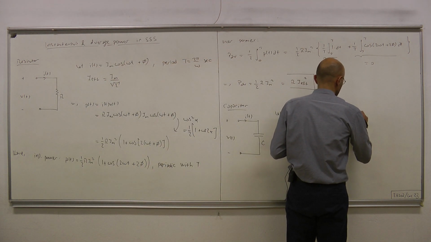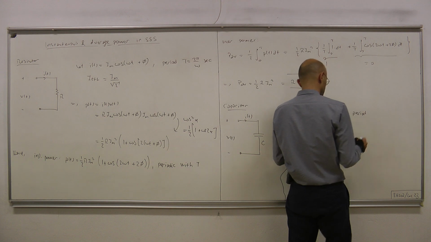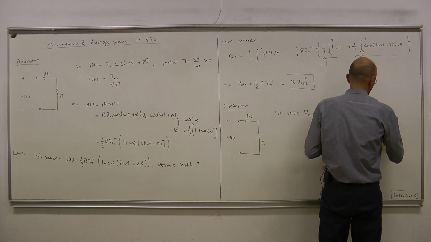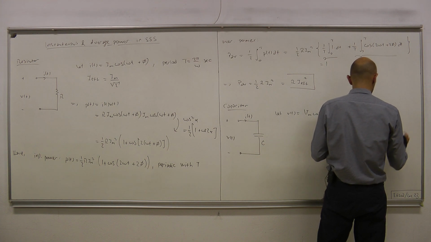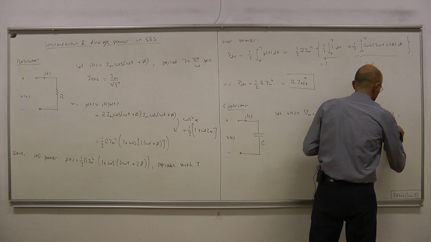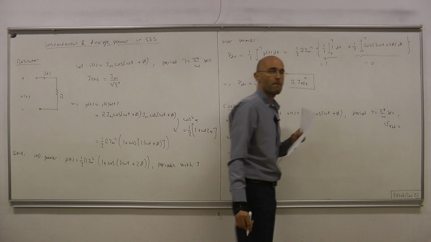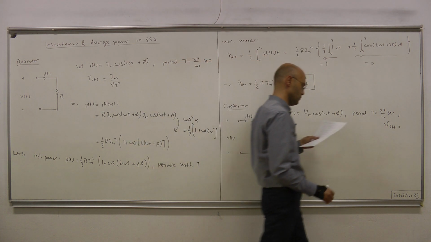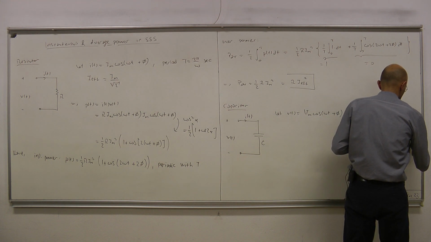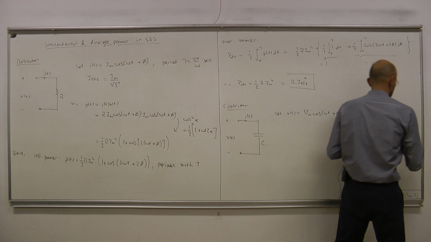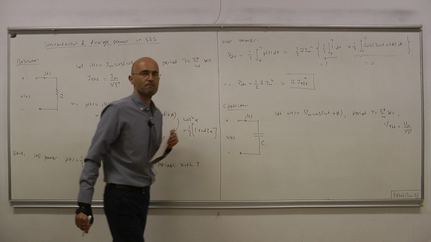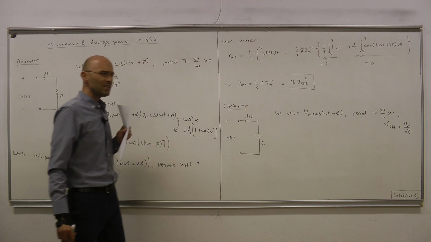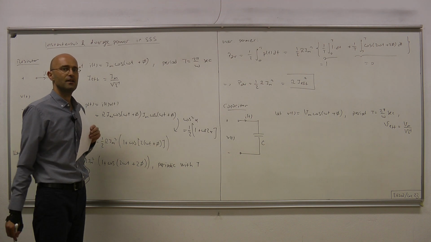As before, we have the period T equals 2 pi over omega seconds, and the effective value of the voltage is this magnitude divided by square root of 2. Okay. Now, once again, we're going to look at the instantaneous power and its average.